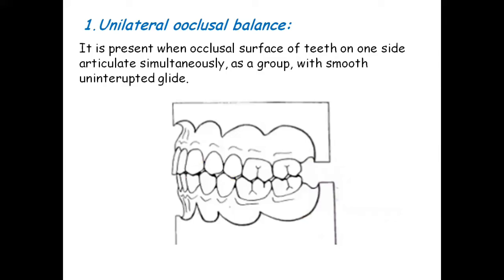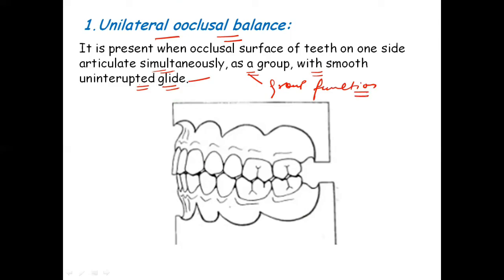Now, there are various types of balanced occlusion. First is unilateral balanced occlusion. It is present when the occlusal surfaces of teeth on one side articulate simultaneously as a group with a smooth, uninterrupted glide. That means it is group function, right?